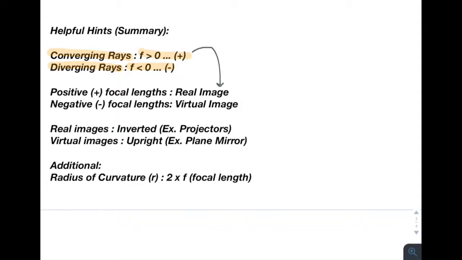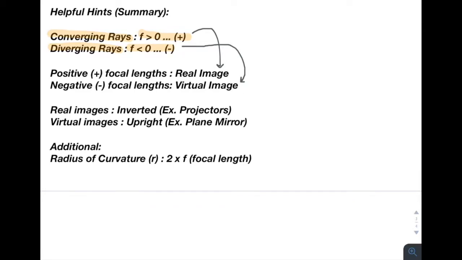Whenever you have a diverging light ray, the focal length is negative, and that means the image will be virtual. Depending on whether that image is real or virtual will tell us whether the image is upright or inverted. So just restating, real images are inverted and virtual images are upright.